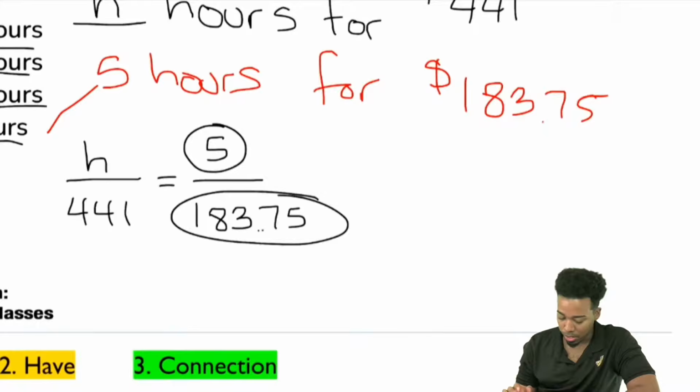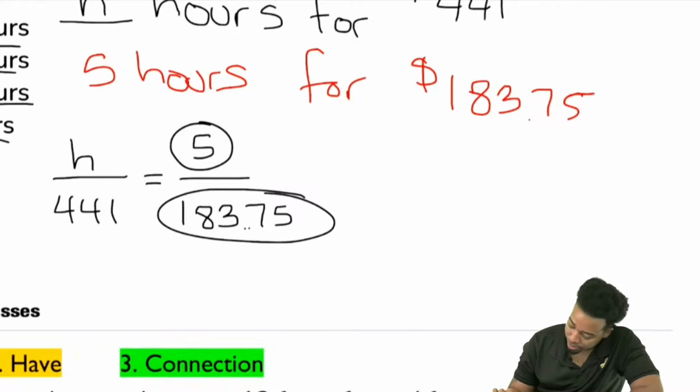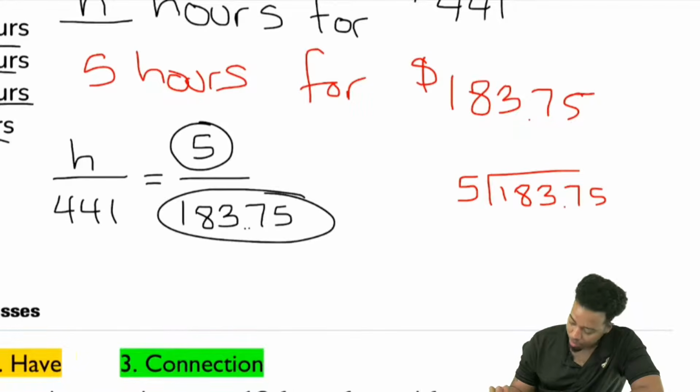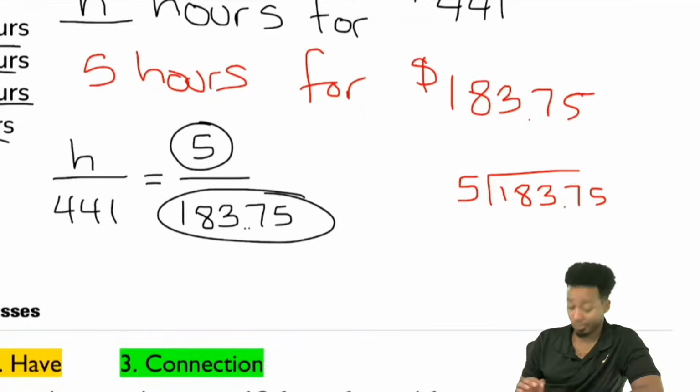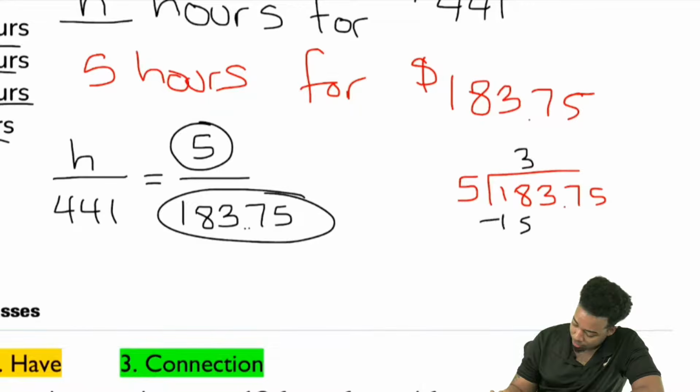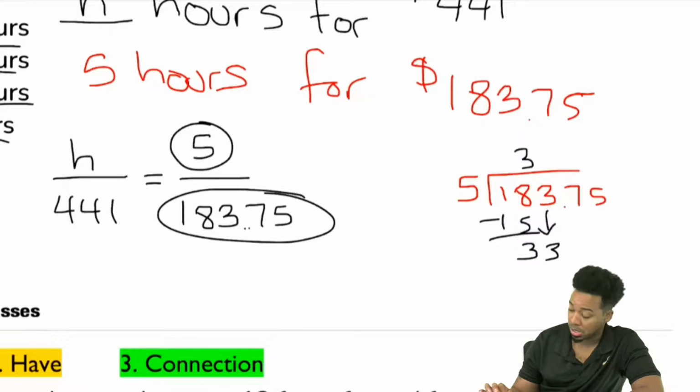And what I'm going to do in terms of that savvy stuff is I'm going to divide 5 into 183.75. I'm going to divide it in there and see what I can do. So here we go. 5 goes into 18 3 times, so that'll be minus 15. That's 3. Bring that 3 down. 5 goes into 33. That'll be 6 times.